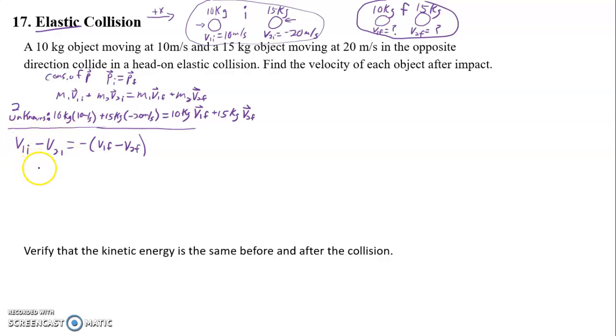Now we can fill in the known values: 10 meters per second minus negative 20 meters per second equals, distributing the negative sign, negative v1f plus v2f.